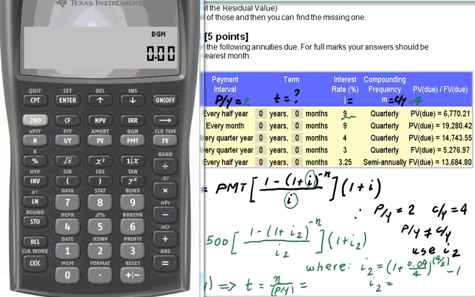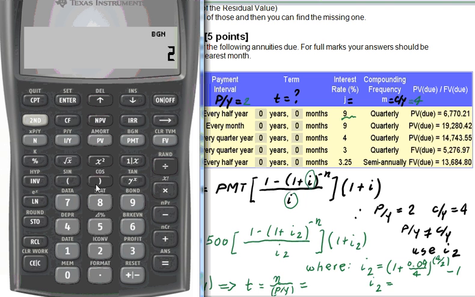So first we're going to calculate I sub 2. We're going to have a left bracket, 1 plus 0.09, which is the nominal rate, divided by the number of compounding periods per year, which is 4, bracket, to the exponent y to the x, and then bracket 4 divided by 2.